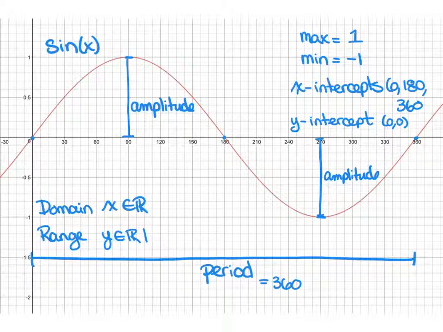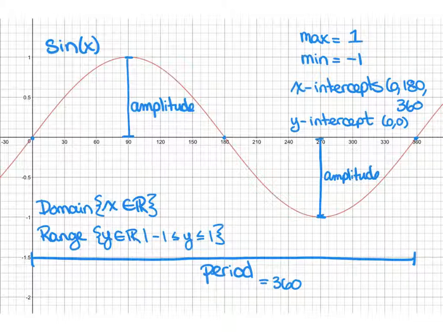So I'm going to say that y is between or equal to -1 and 1, and I'll put the brackets around it. So that's what you should get for sine. I hope you were able to get those answers, but also that you're able to pick up exactly where the amplitude is and where the period is, because it's going to come into play in some of our later lessons when we start manipulating these graphs.